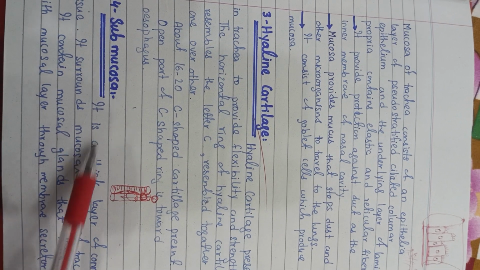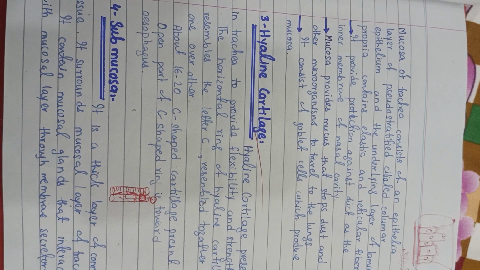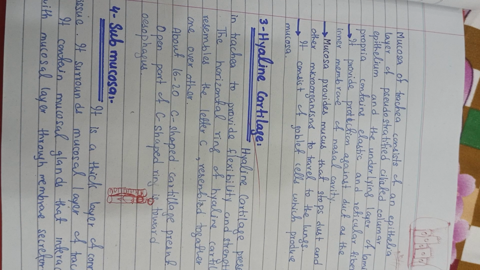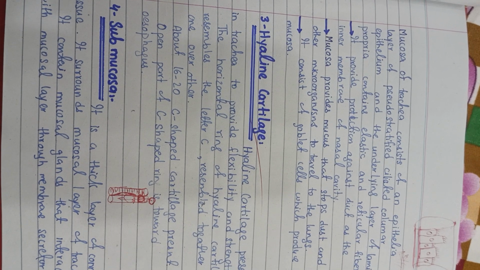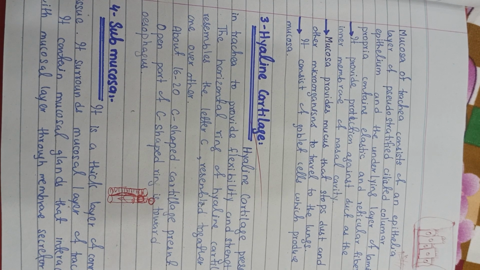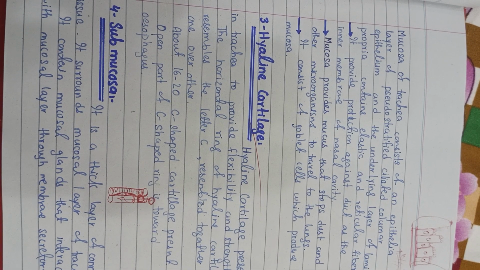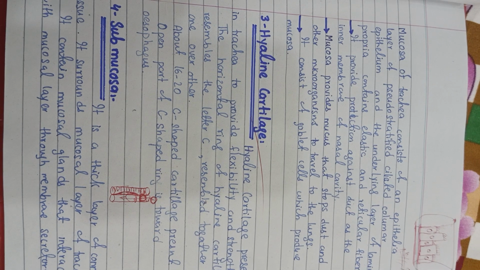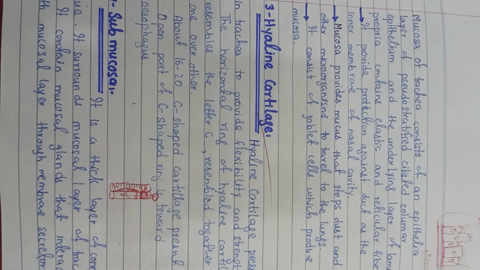Now the other layer is the submucosa. Submucosa is a thick connective tissue layer surrounded by the mucosal layer. After the mucosal layer, the second layer is the submucosa. It also contains mucous glands that interact with the mucosal layer through the membrane, and also contains secretory ducts for the secretions.